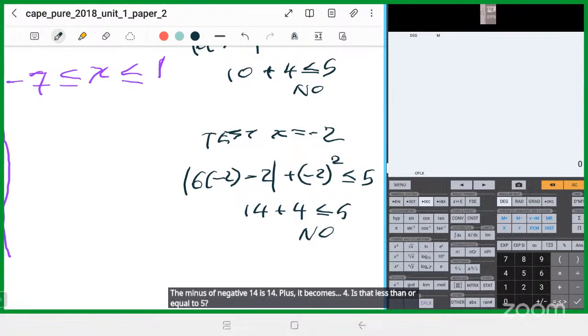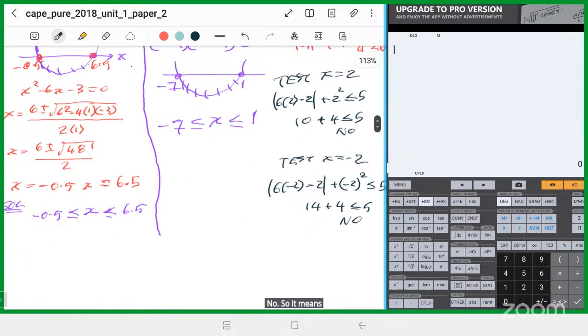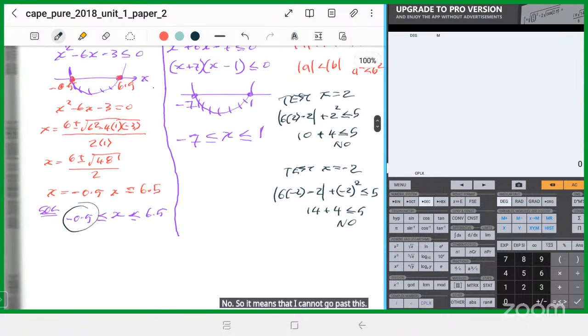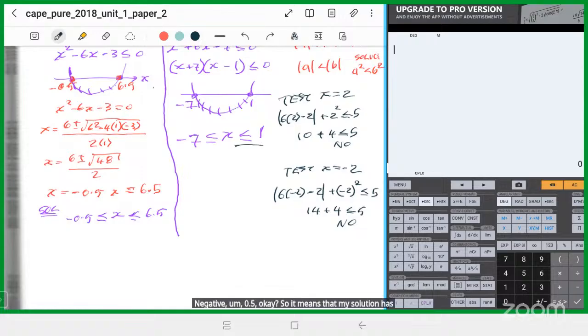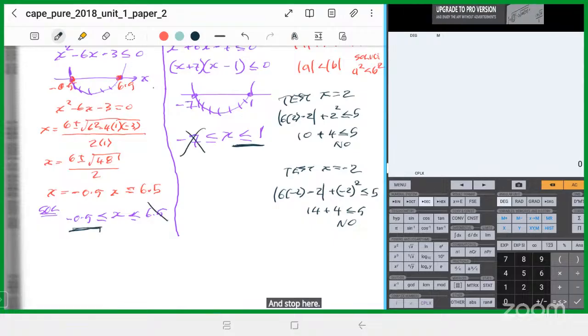No. So it means that I cannot go past -0.5. So my solution has to stop here and stop here. I can't go down to here, and I can't go up to this.